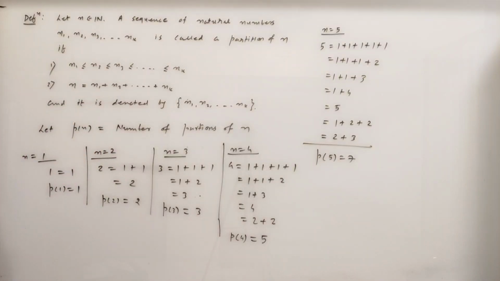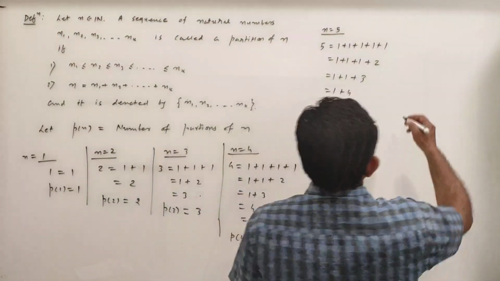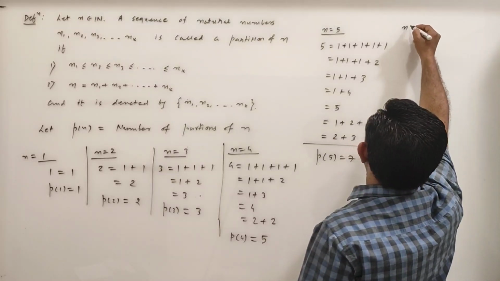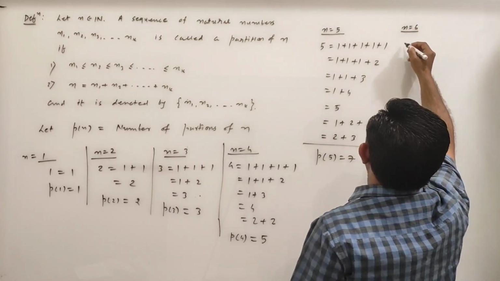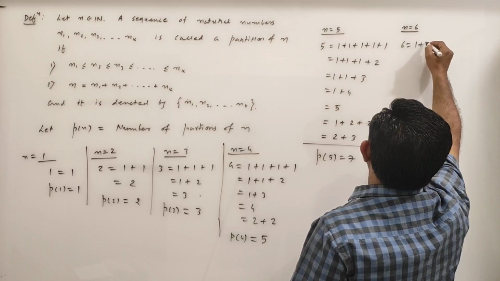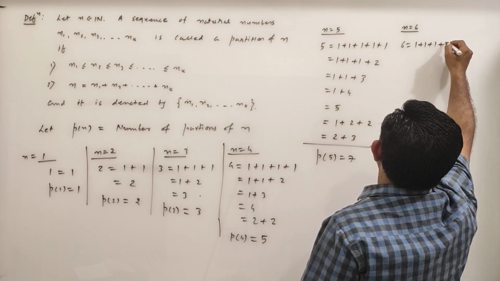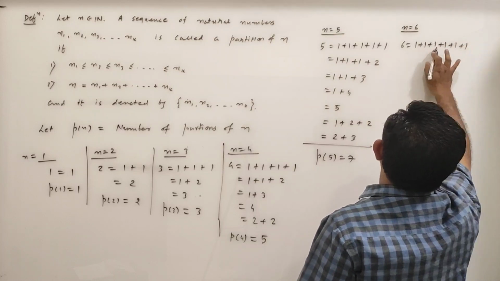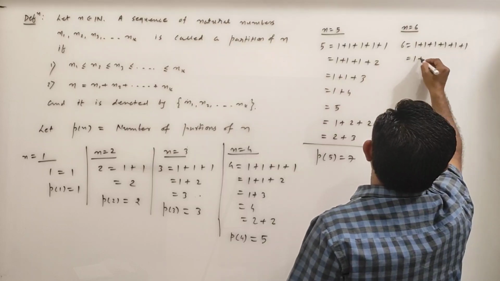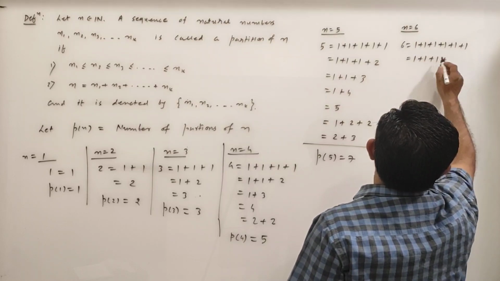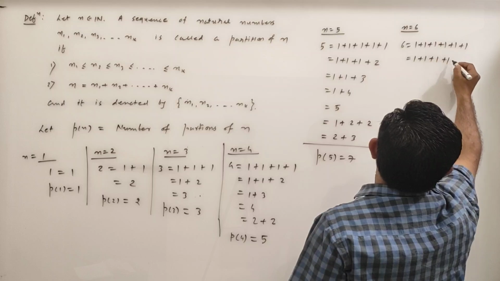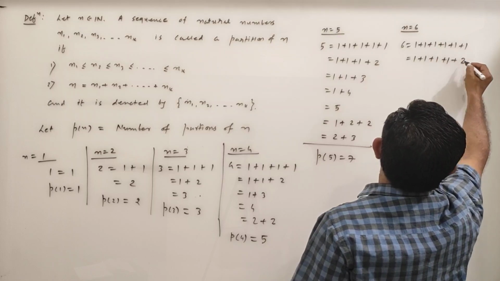Right? Similarly, you can have the partition of 6 also. P of 6. So let us just try to write down what is 6. n is equal to 6. So 6 is what? 1 plus 1 plus 1 plus 1 plus 1 plus 1, 1, 2, 3, 4, 5, 6. Then 1 plus 1 plus 1 plus 1 plus 2.